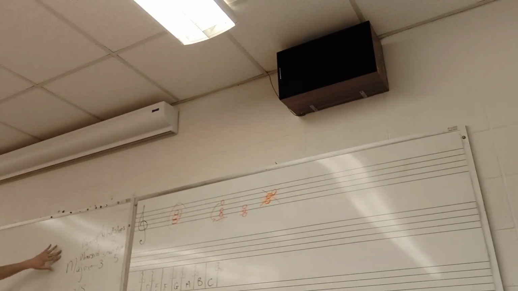So we talked about major and minor, right? I'm just going to make a little table over here: major and minor. So what defines a major and a minor triad? Let's start with major.